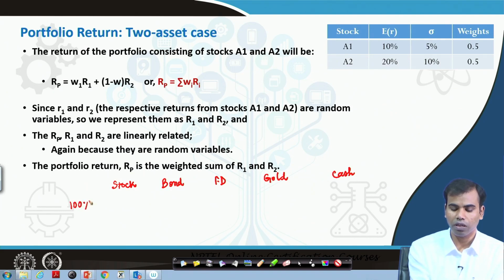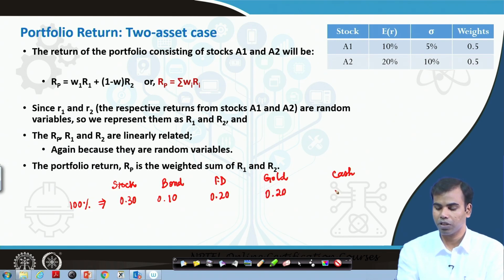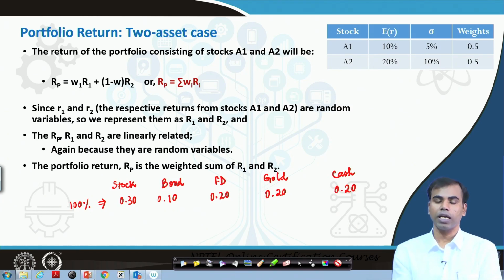You have to decide how much of the total investment should go to stock. Let us say 30% of your money goes to stock, 10% to bond, 20% to fixed deposit, 20% to gold or any other precious metal, and the remaining 20% you want to keep in cash.